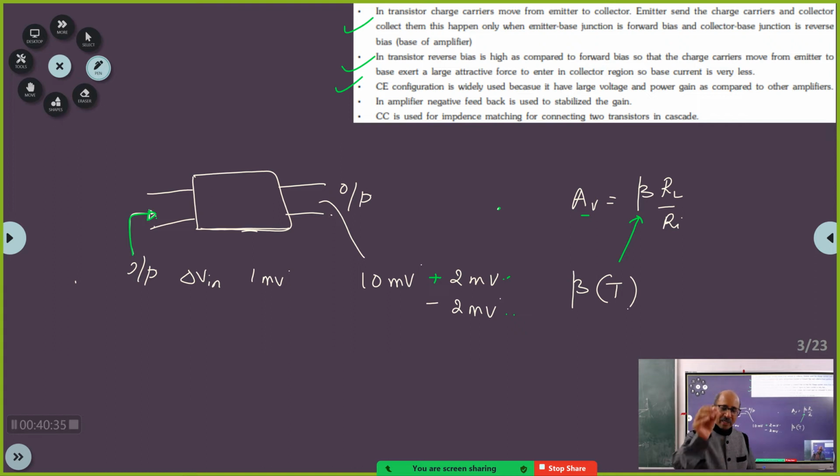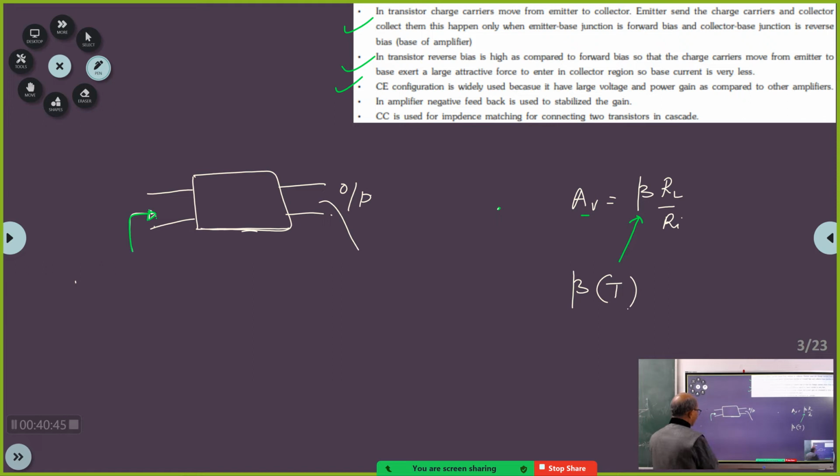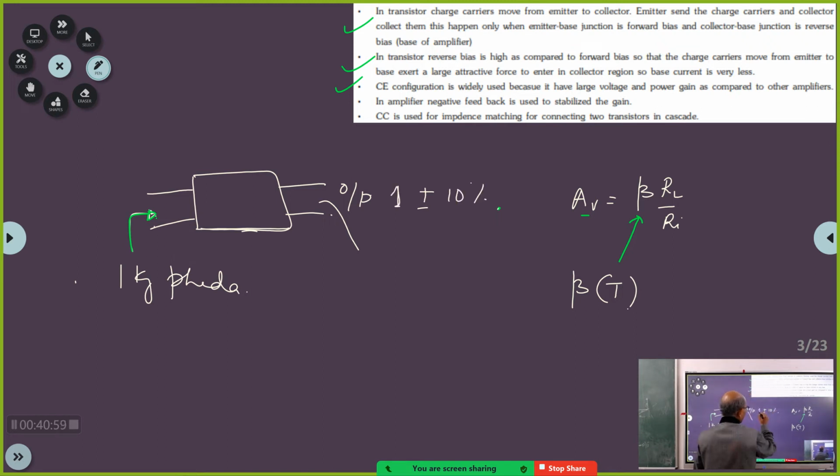Even though, if you don't stabilize it, then say the input here is 1 kilo, and the output can be 1 plus or minus say 10% variation. 10% means it can be 1100 grams or it can be 900 grams.